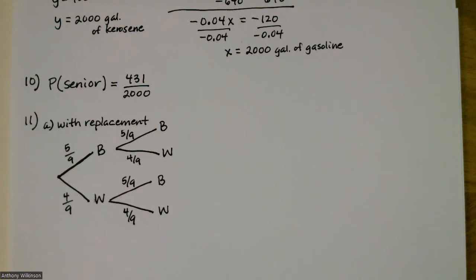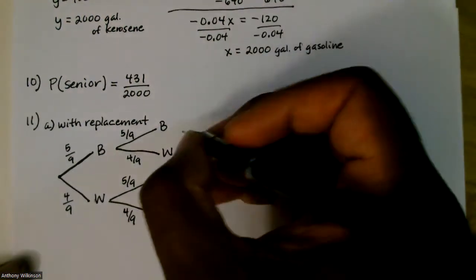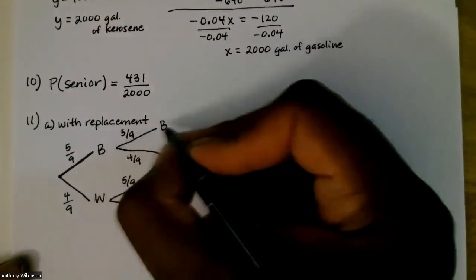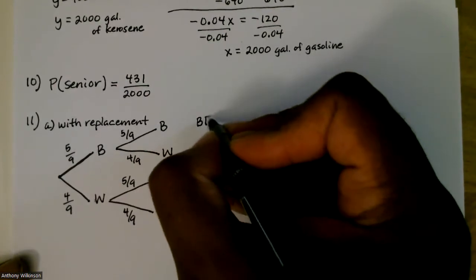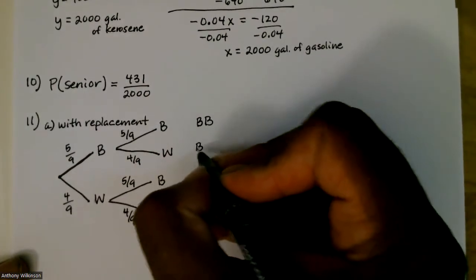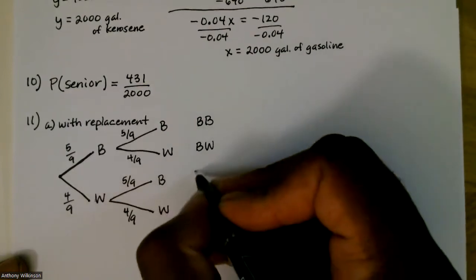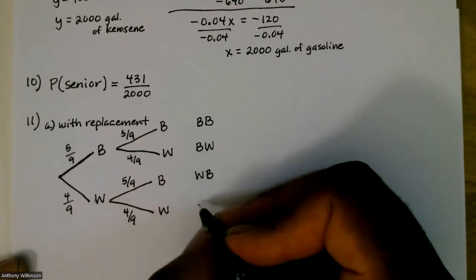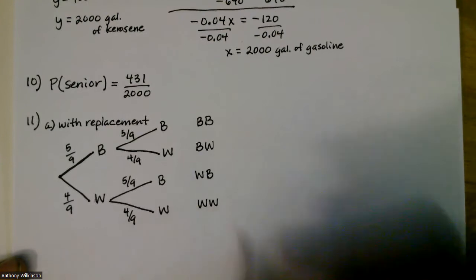Now, these are all of our outcomes here: a black and a black, and then a black and a white, and a white and a black, and then a white and a white.